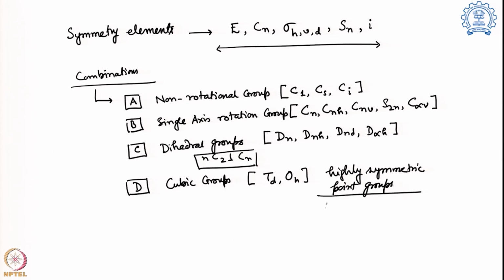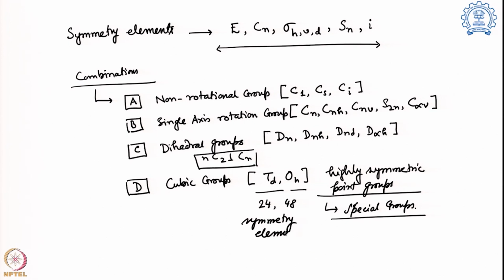That is why we can call them special groups, because tetrahedral or octahedral have 24 and 48 symmetry elements respectively. So, that means they are very highly symmetric. So, these are the 4 different groups that we can divide it into.